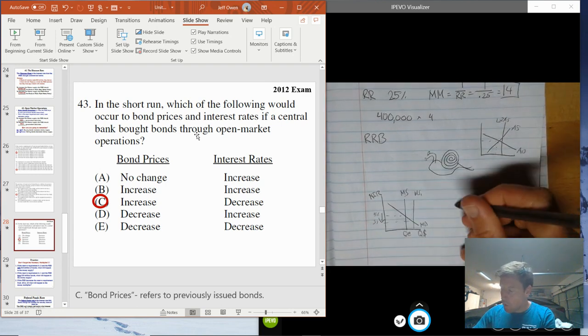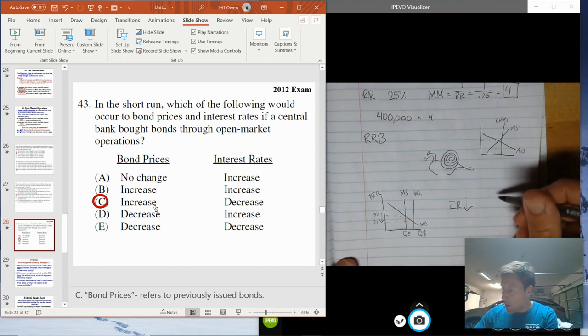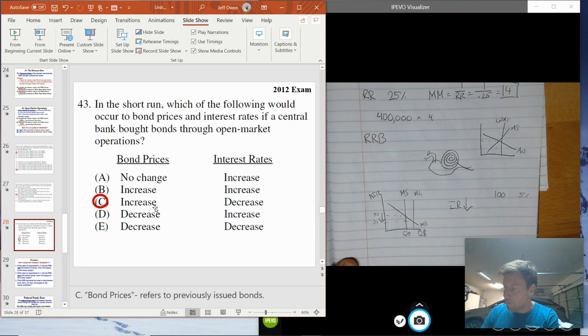If interest rates decrease, then people who had older bonds that were paying a larger return, those are going to be more valuable. You might have had a $100 bond paying 5% for 10 years.